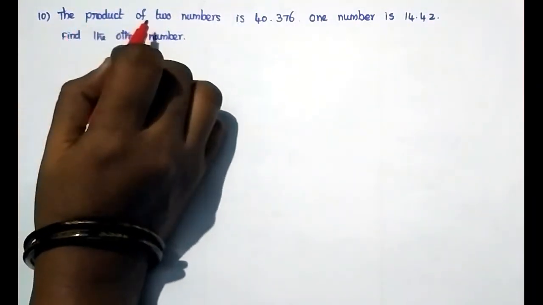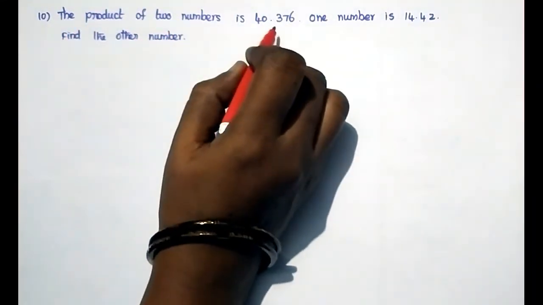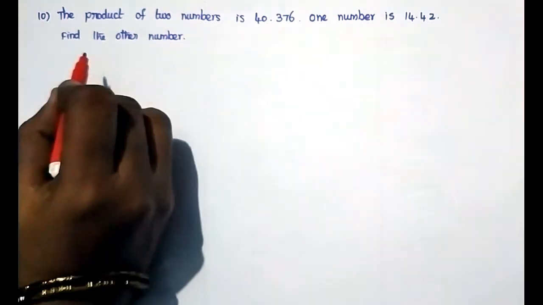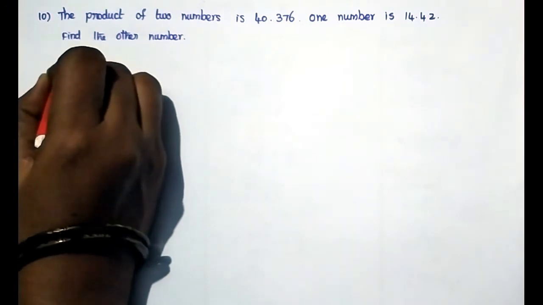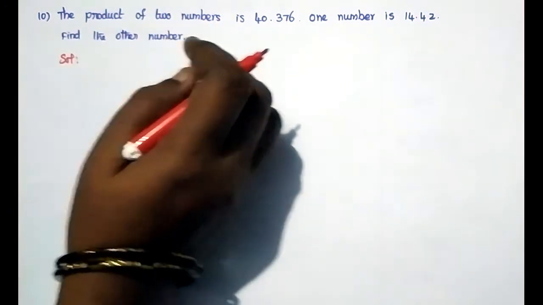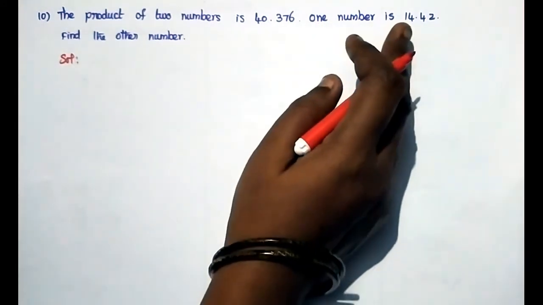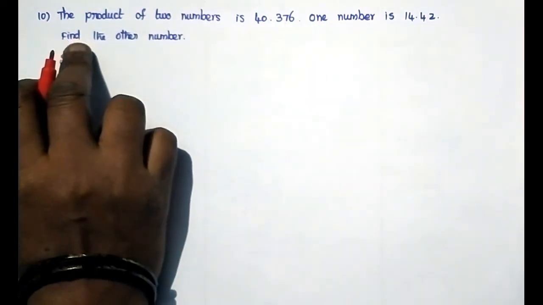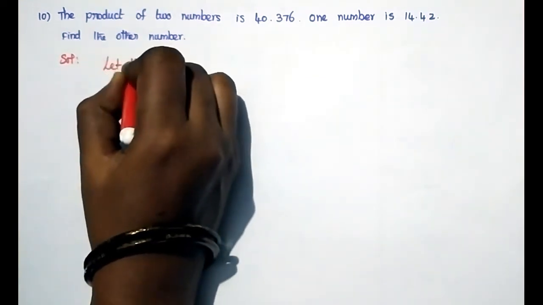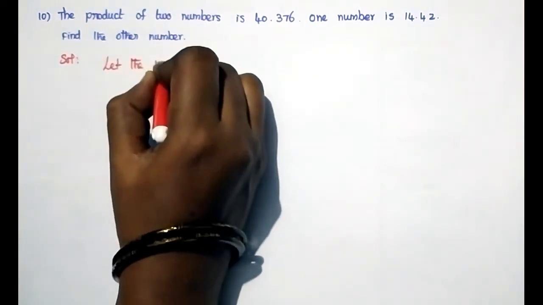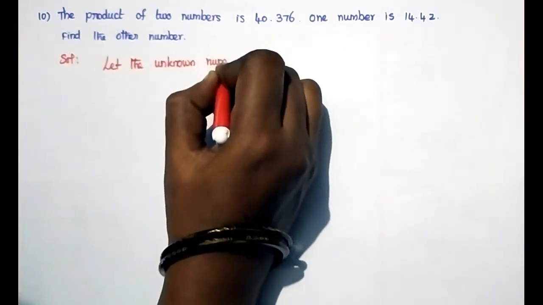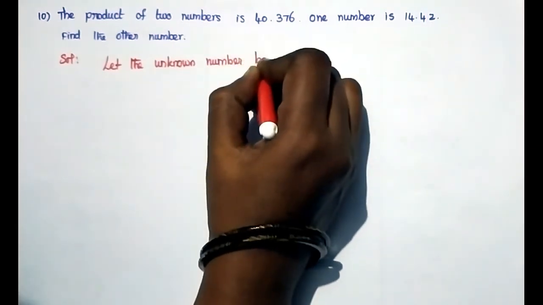10th sum. The product of two numbers is 40.376. One number is 14.42. Find the other one. So listen. Product of two numbers they given. One number also they given. We don't know the other number. So let the unknown number be x.